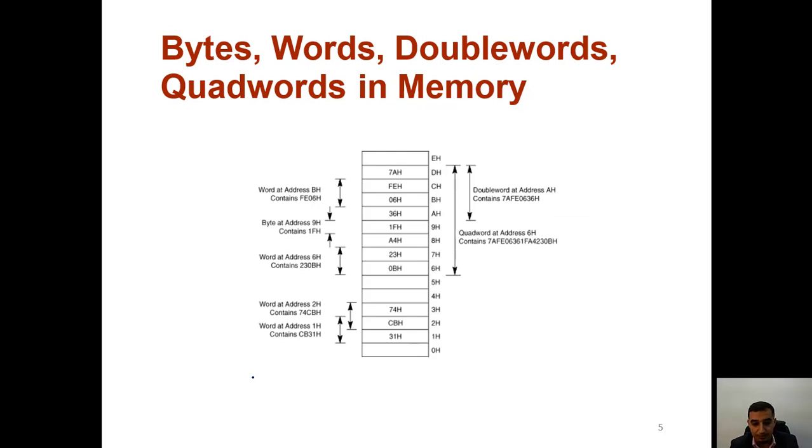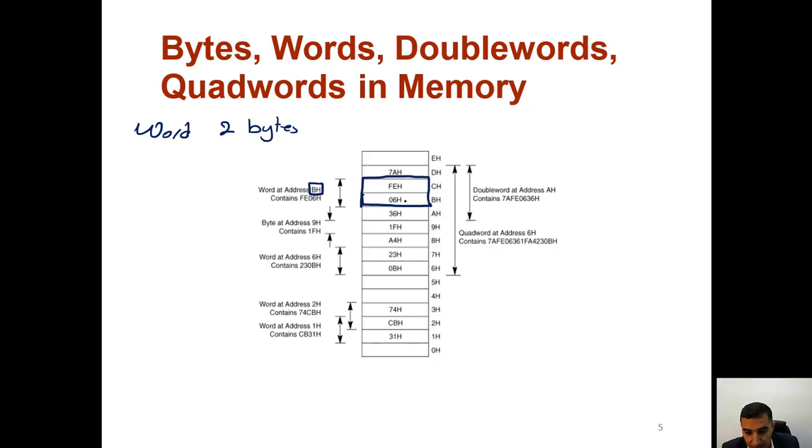So, for example, over here, if I want the address at BH and I want to read a word, meaning 2 bytes, then BH means BH and CH. Remember, we always go up.